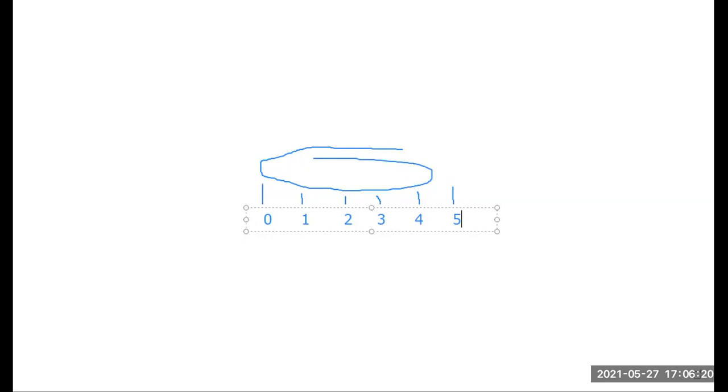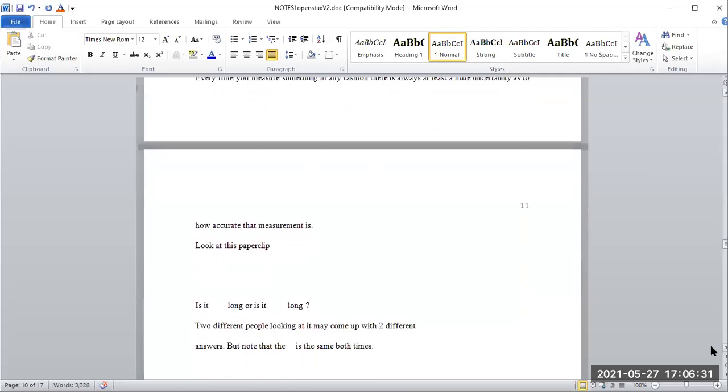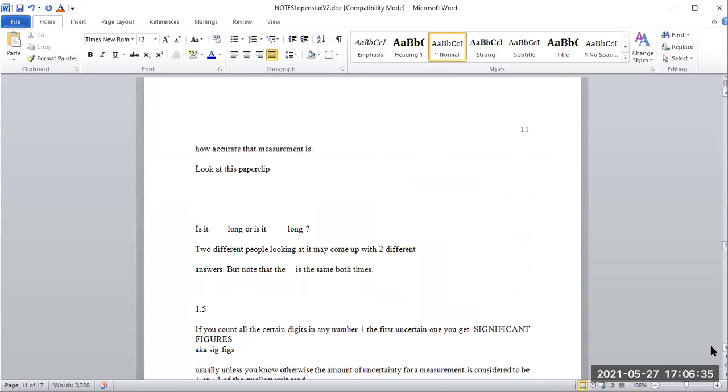So depending upon what kind of instrumentation you are using, your uncertainty is usually the amount based upon your last decimal place, okay?